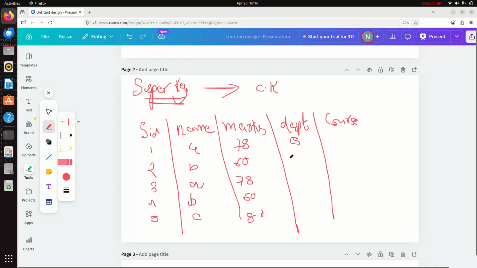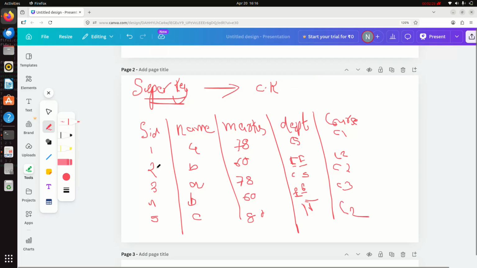Department CS, CS, IT. This is my department. Now courses I can write as C1, C2, C2, C3 and C2. These are different records.